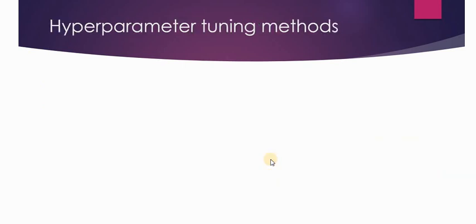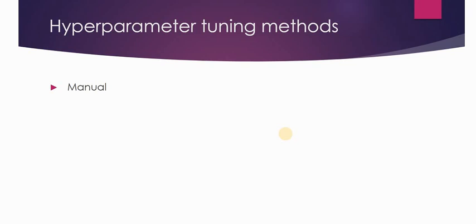So the first method is manual searching. Now in manual, we select hyperparameters based on intuition or experience or just by guessing. Then we train the model with these hyperparameters and score on the validation data. Then we repeat this entire process until we run out of patience or are satisfied with the results that we have got.